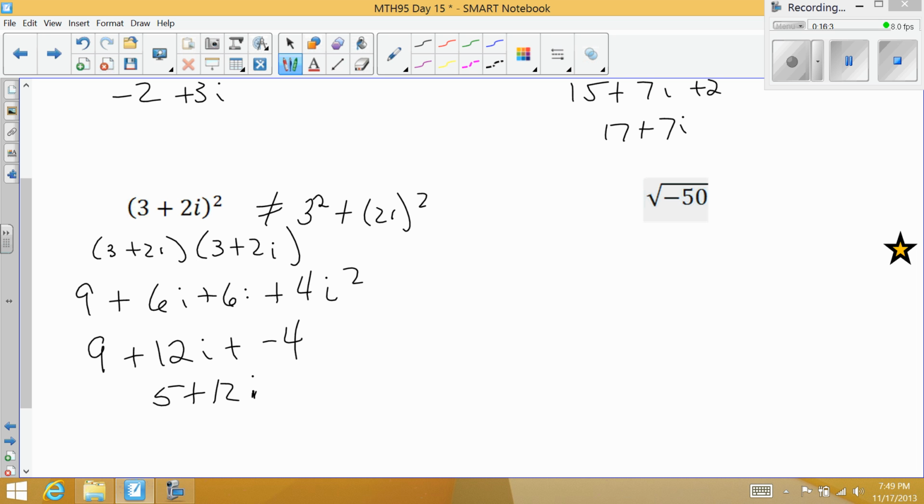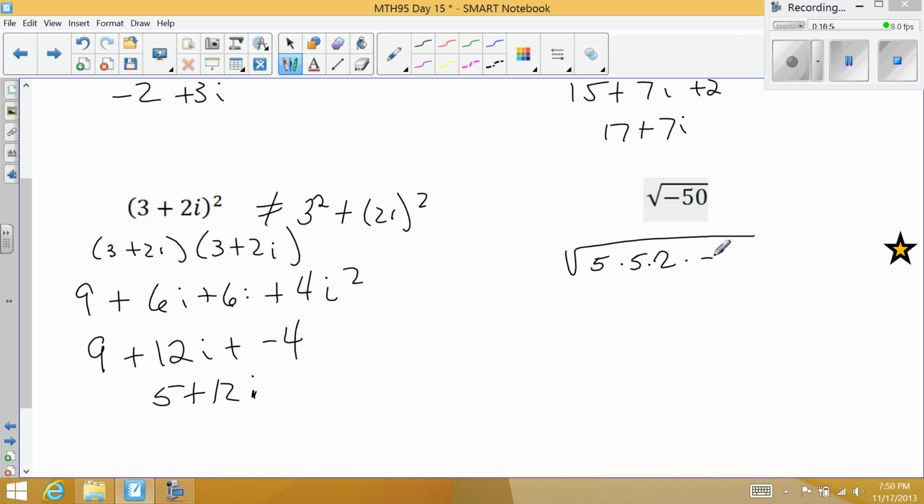Okay, so most of these complex numbers, you're going to end up with something a plus bi. And then simplifying the square root of negative 50, that's just expanding it out. Let's see, 50 is 5 times 10. 10 is 5 times 2.